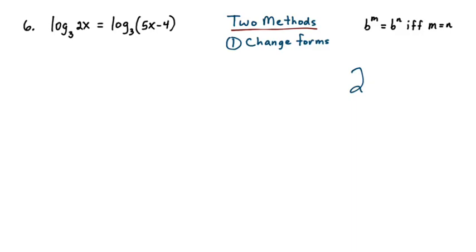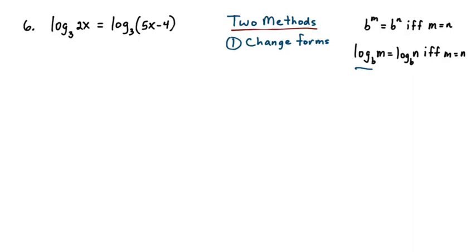Similarly, it's true when you work with logs. If you have the log base b of m equals the log base b of n, then m will equal n. In other words, these are both base b logs.